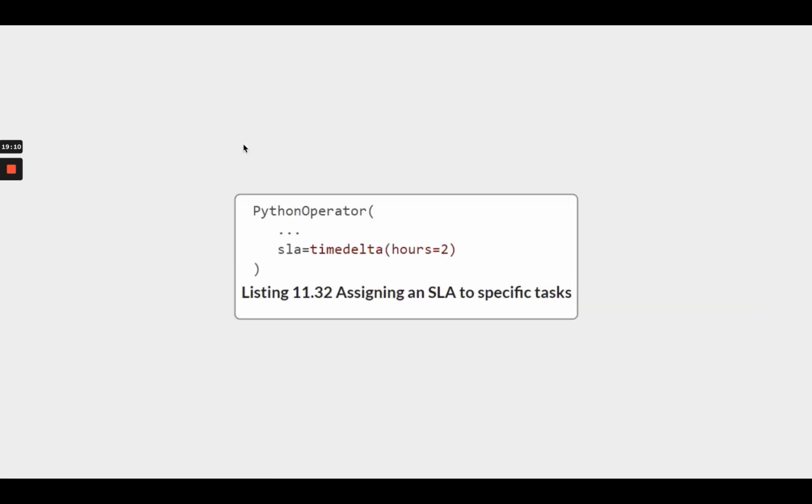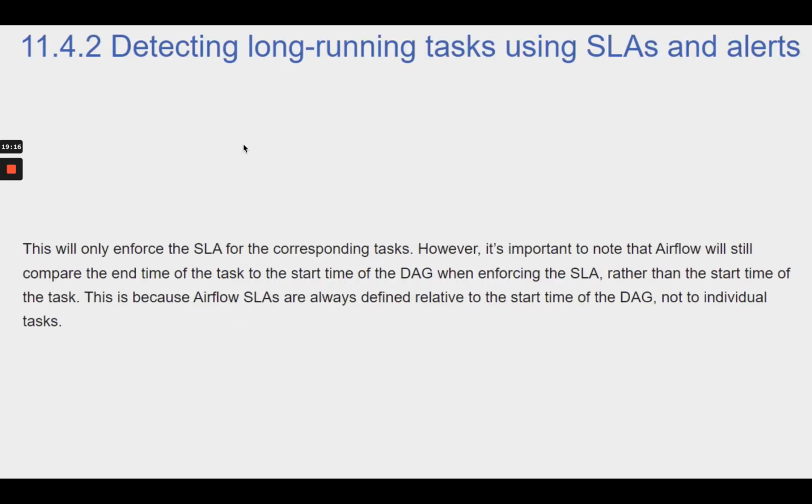It is also possible to specify task-level SLAs by passing an SLA argument to a task's operator. This will only enforce the SLA for the corresponding tasks. However, it's important to note that Airflow will still compare the end time of the task to the start time of the DAG when enforcing the SLA, rather than the start time of the task. This is because Airflow SLAs are always defined relative to the start time of the DAG, not to individual tasks.